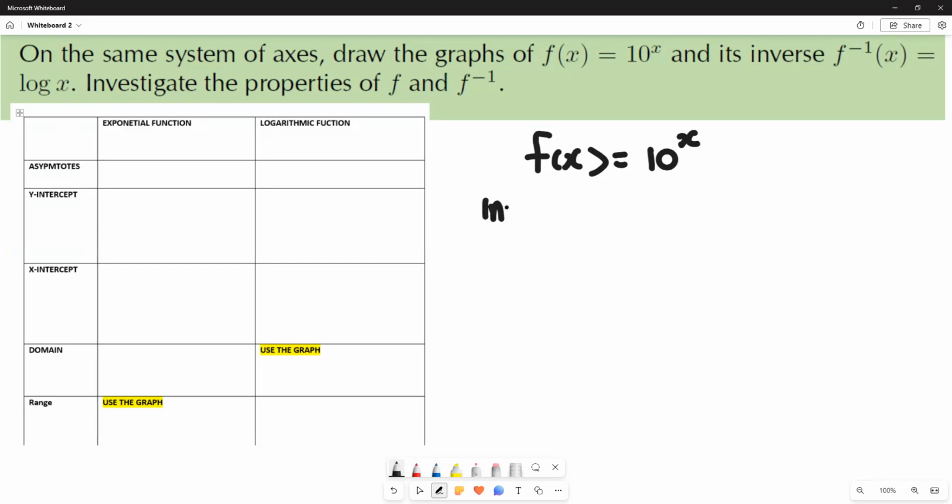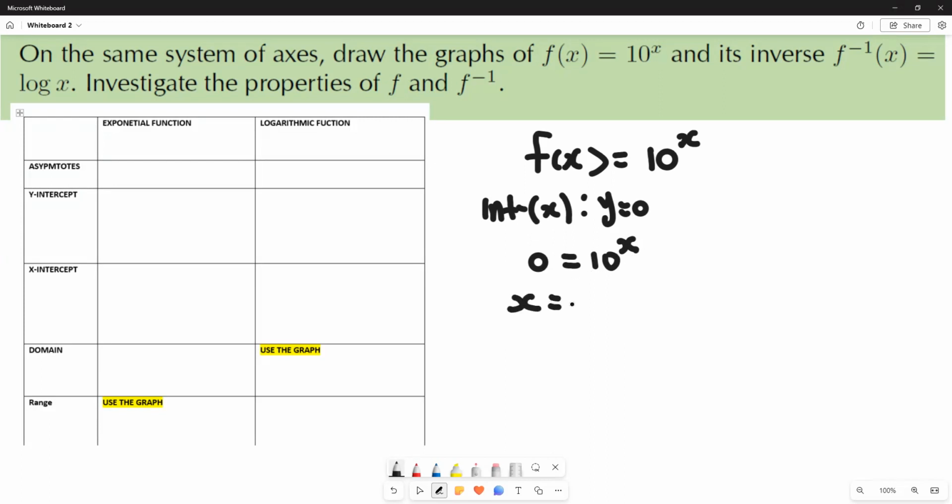Let's do the x-intercept. Remember, for the x-intercept, y must be equal to 0, right? So you're going to say 0 equals 10 to the power of x. And in this case, when we solve for x, we can use logs.